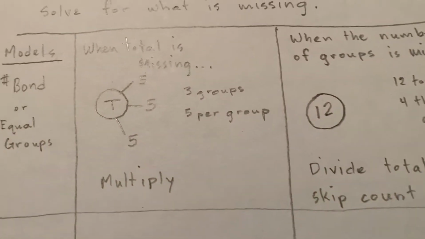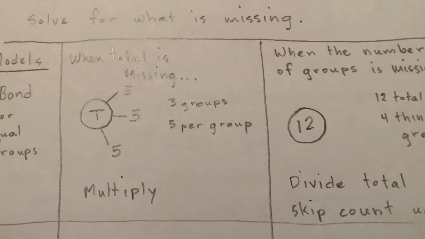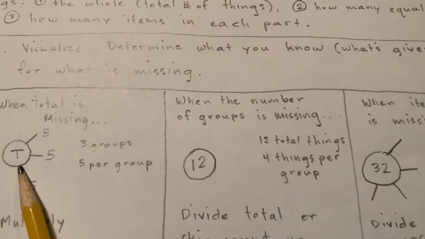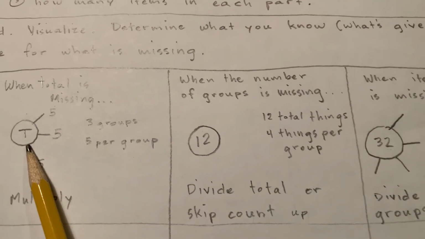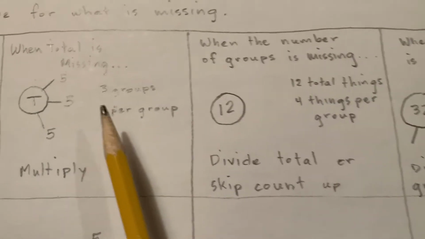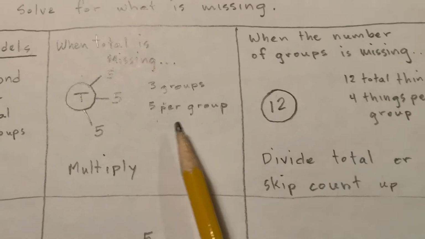If the total is missing, see on the number bond here, I've got the total, and in this problem I've read the problem, and I've determined that they've given me 3 groups of things, and there are 5 items in each group, or per group.